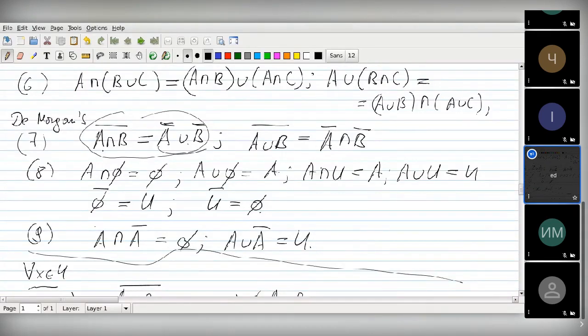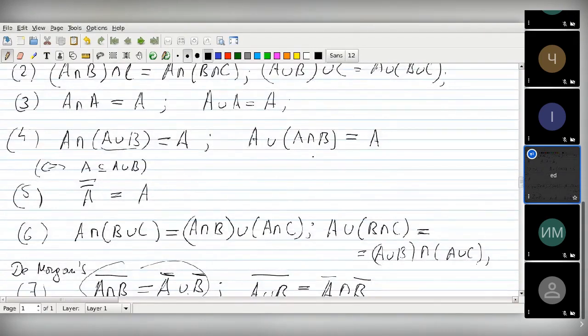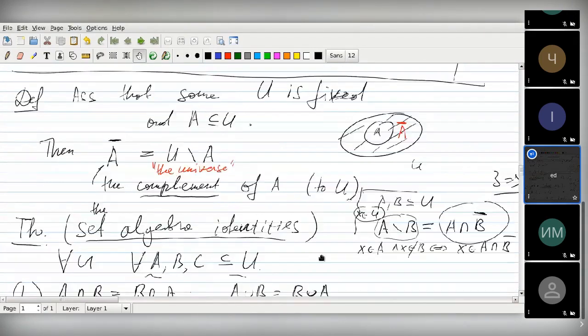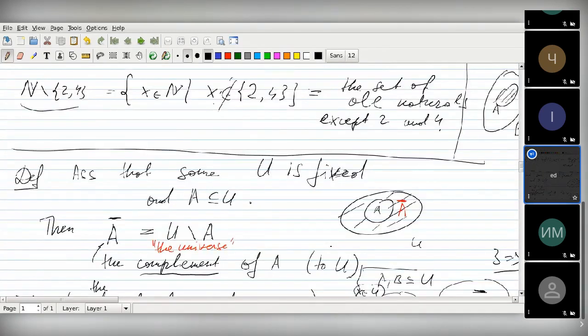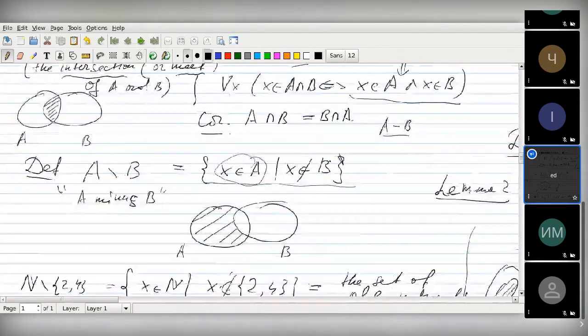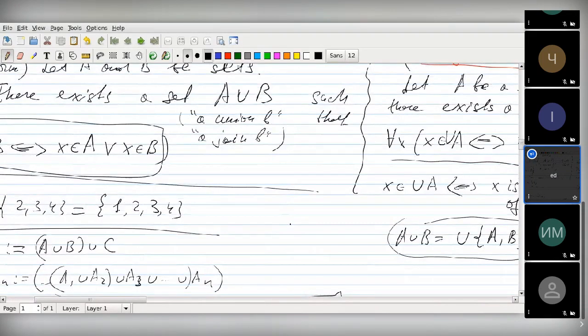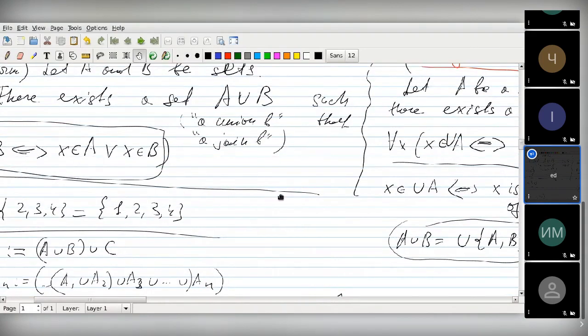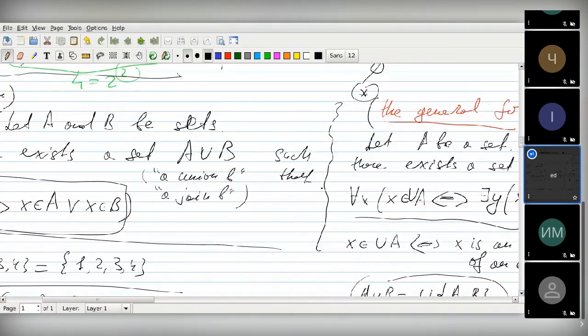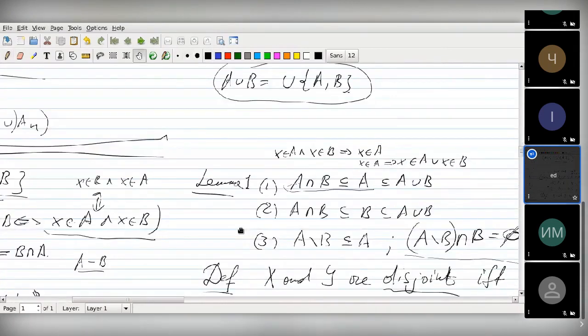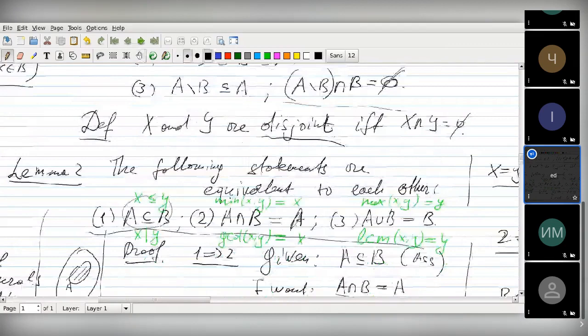So every other identity, which is always true for these operations, follows from these identities. And if you come across set inclusion in your theorem, then you may easily replace it by equality, and then apply the identities. Any questions, please?